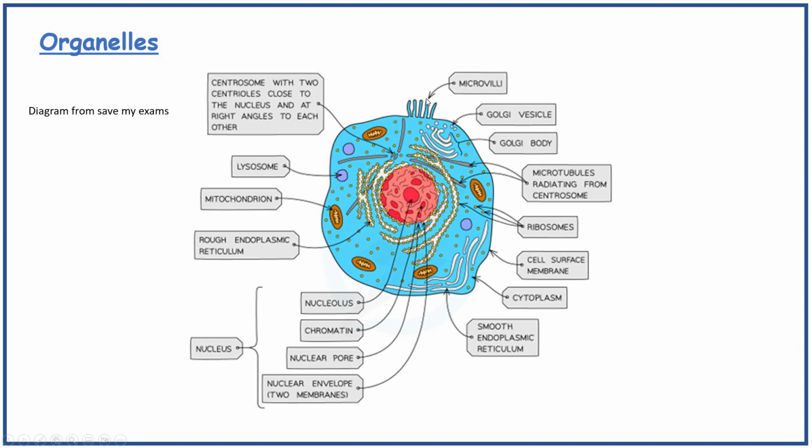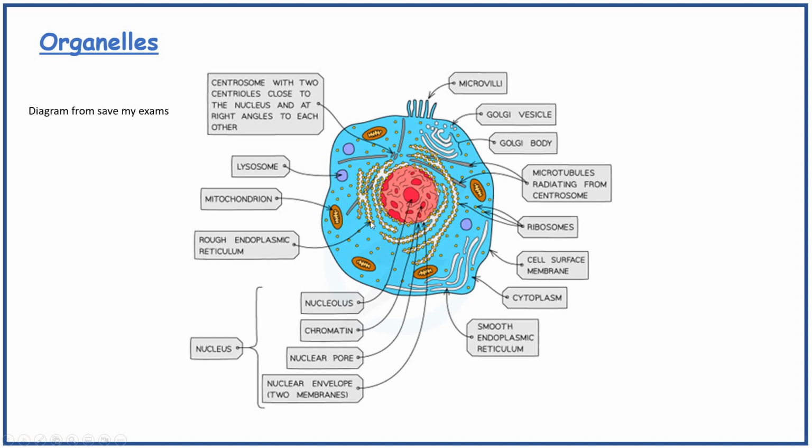Sometimes, if it's an epithelial cell, they might contain microvilli. They might show a centrosome with two centrioles close to the nucleus. A lysosome, which appears as a circle. Mitochondrion with the inner foldings of the inner membrane.